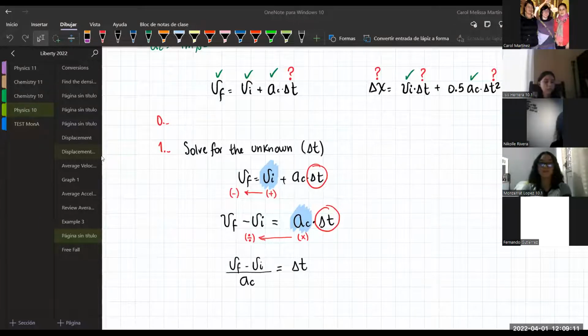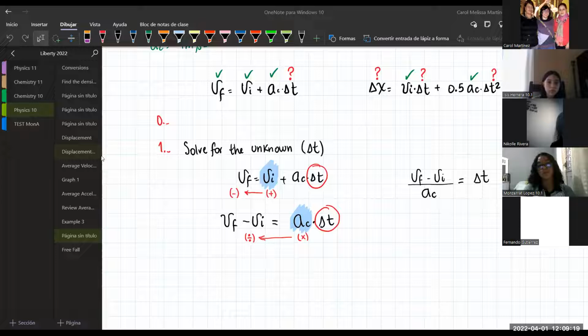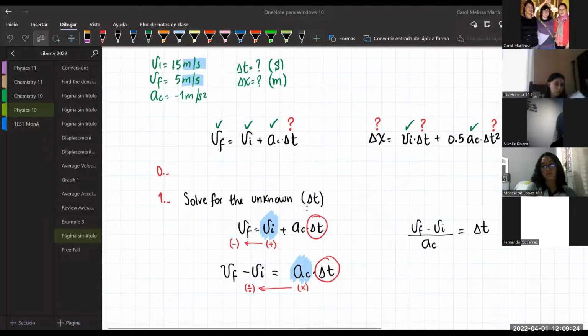And now that you have the equation already isolated for the time, we're going to solve for it. Okay? So I'm going to work in the other part. What is my final velocity in this problem? My final velocity is 5 meters per second. This minus is from the formula.